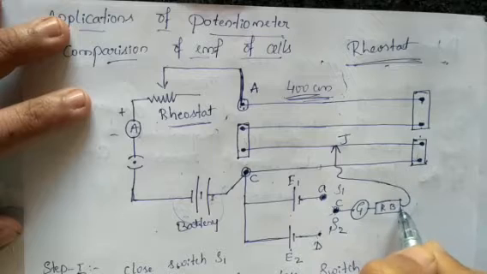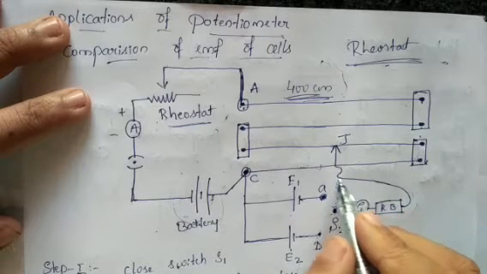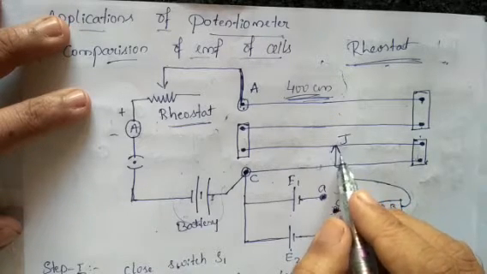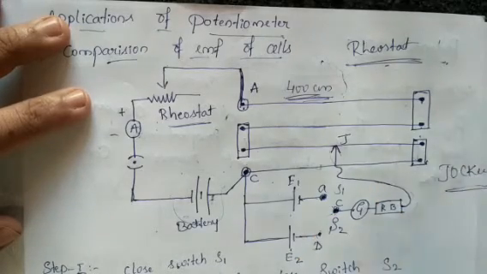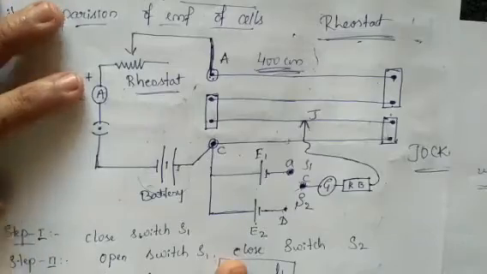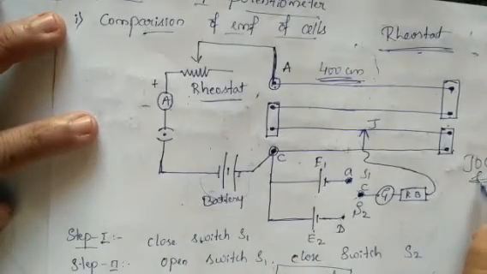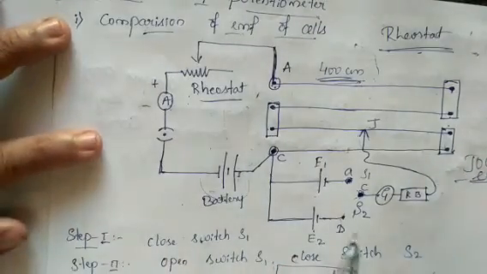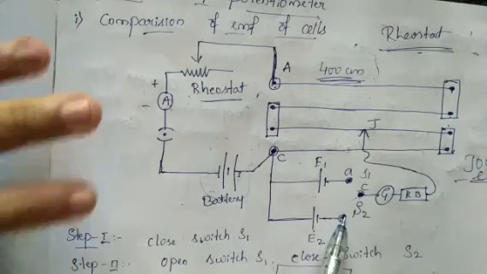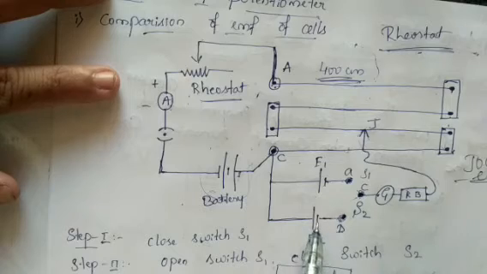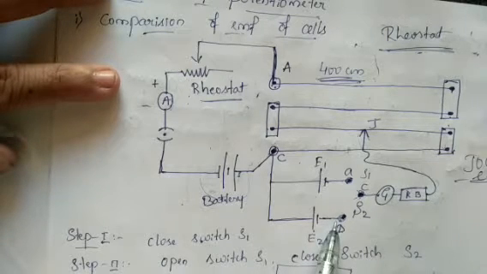Thereafter, from that resistance box, one end is connected to a pen-like structure called a jockey. So this is called a jockey. Now, from the lower terminal of the two-way key, we observe the negative terminal of the second cell, which has an EMF given by E2.